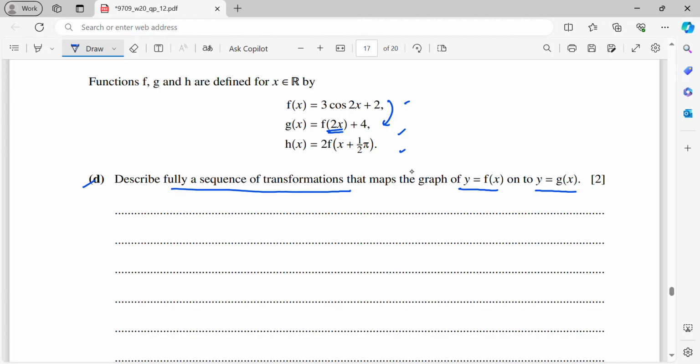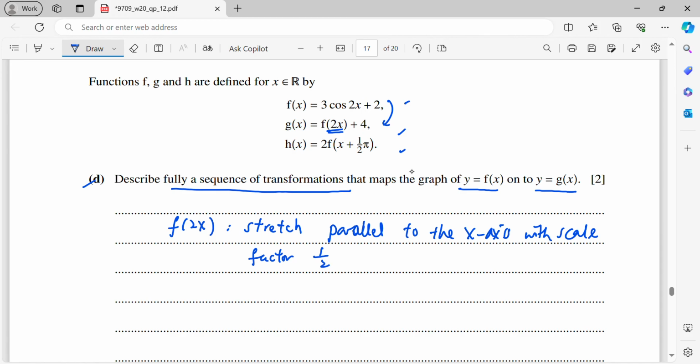Now you see f(2x) is basically a stretch. So it is a stretch parallel to the x-axis with scale factor half.